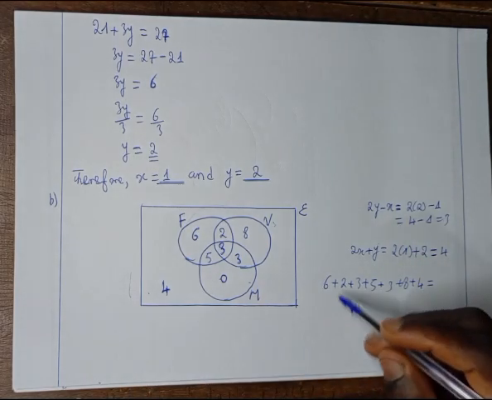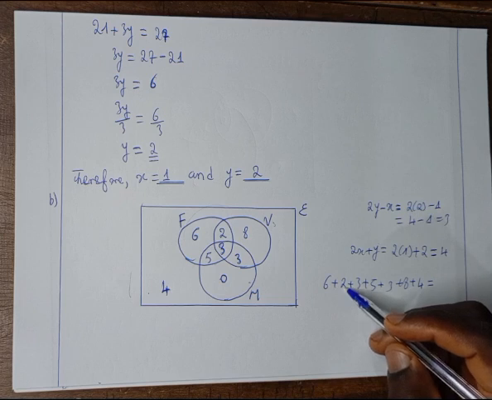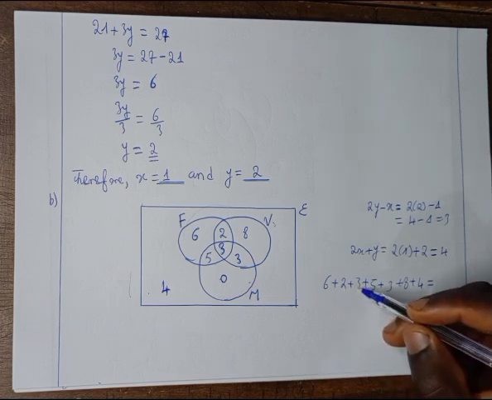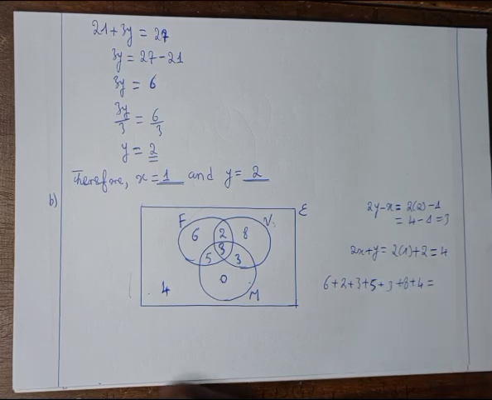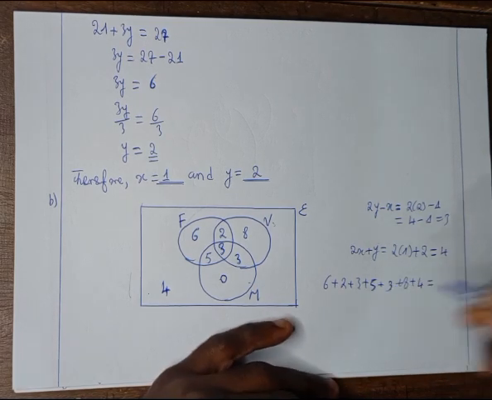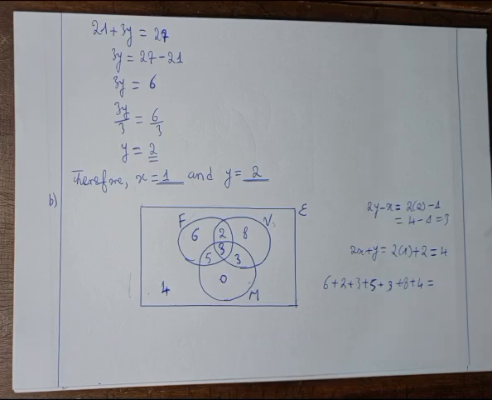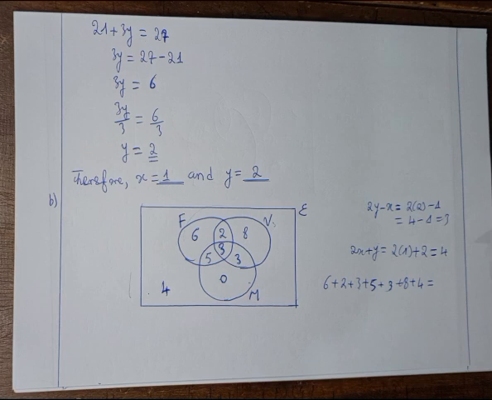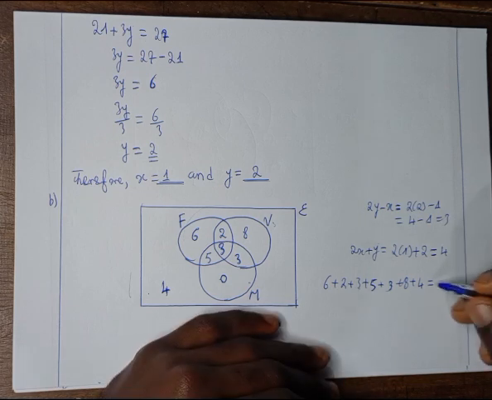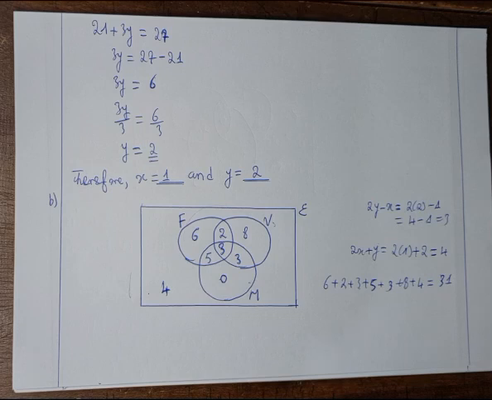This will simply be equal to, 6 plus 2 gives us 8. 8 plus 3 gives us 11. 11 plus 5 gives us 16. 16 plus 3 gives us 19. 19 plus 8 gives us 27. 27 plus 4 gives us 31, which is simply equal to the number of days the month of July has.